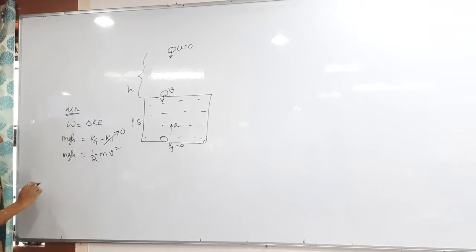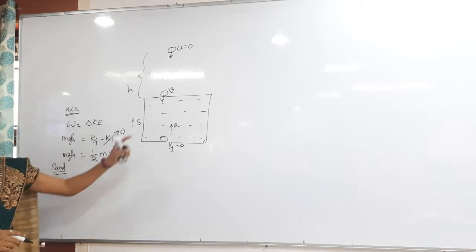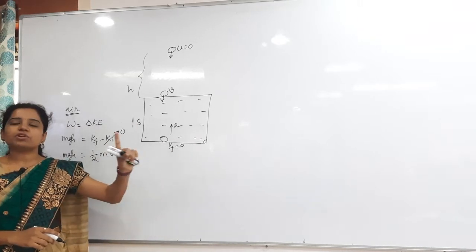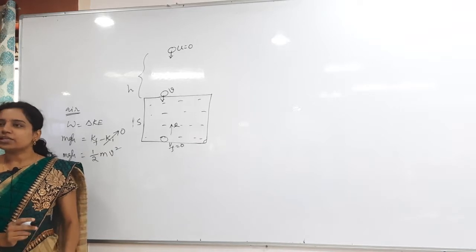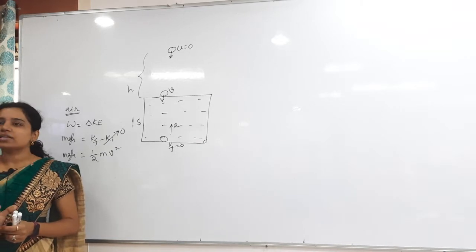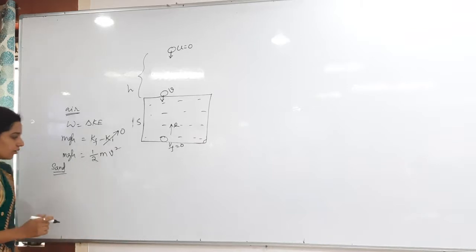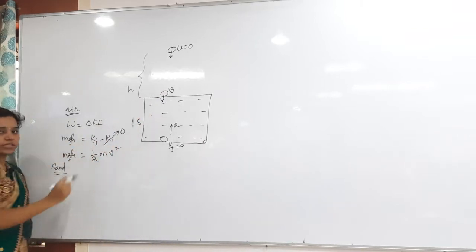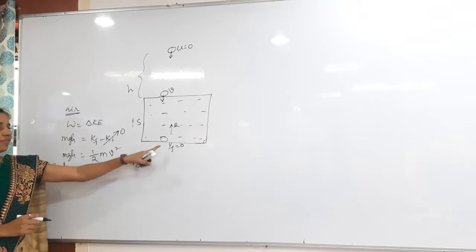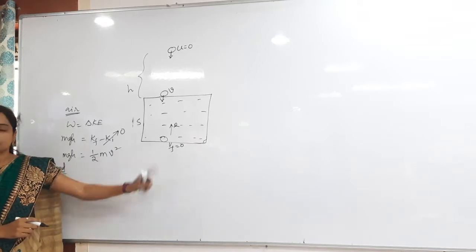Then about the sand we will see. In the sand, the body is moving under gravity, and also one more force is acting. Which force? The resistance force is acting. R is the resistance force. Now here, first of all, in the sand it is entering with what velocity? V velocity. Final velocity becomes 0.